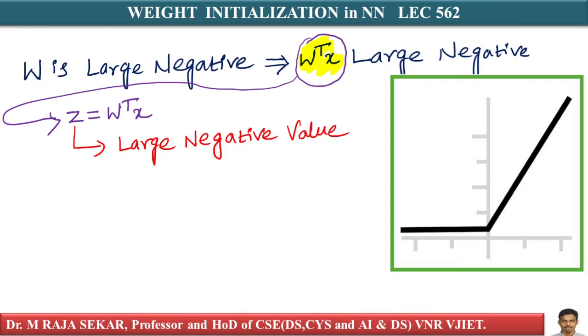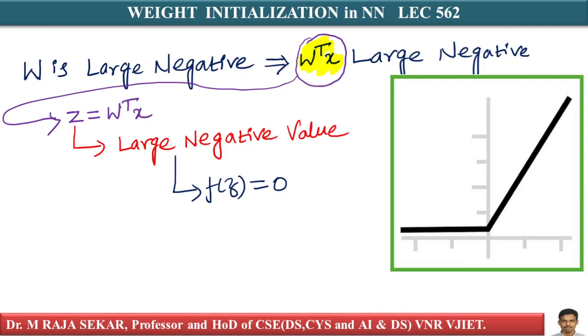If F is ReLU, F of Z becomes 0. If Z is negative, F of Z becomes 0. This is the problem with ReLUs. If your Z is a large negative value, your F of Z becomes 0 for all of your activation units in the network.